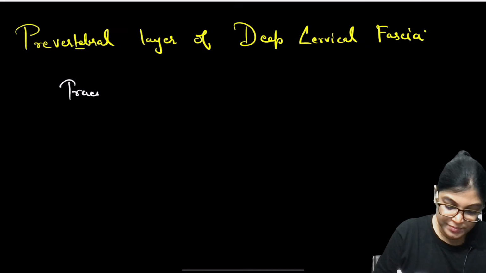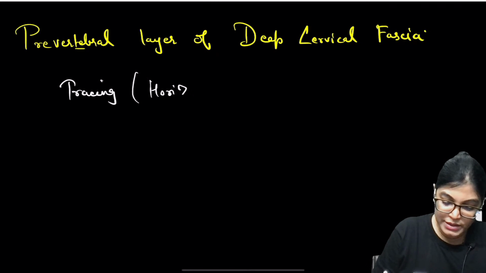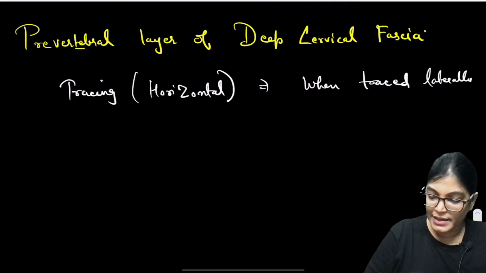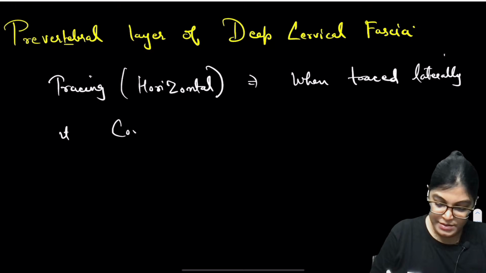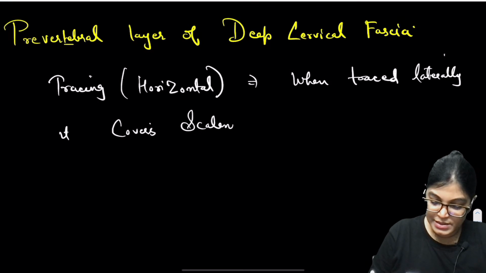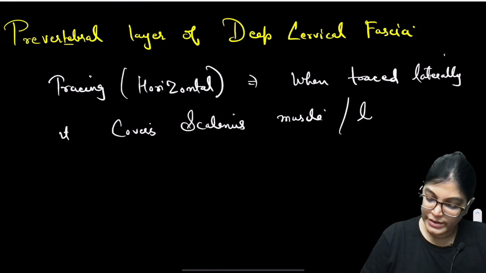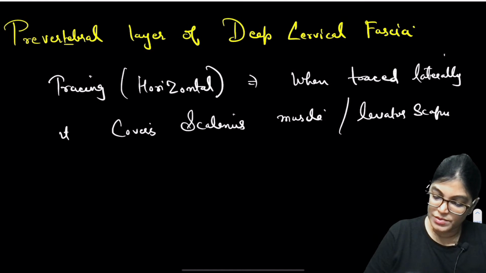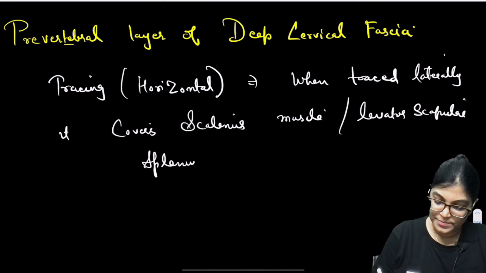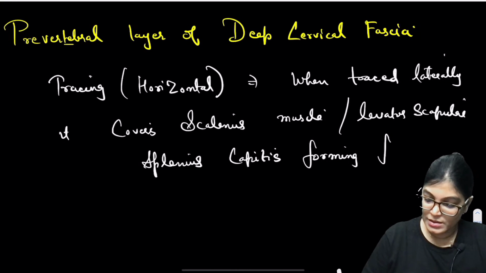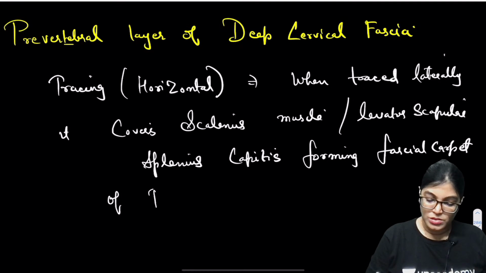So write down the horizontal tracing. When it is traced laterally, it covers scalenus muscle, levator scapulae muscle, splenius capitis muscle, forming a fascial carpet for the posterior triangle of the neck.